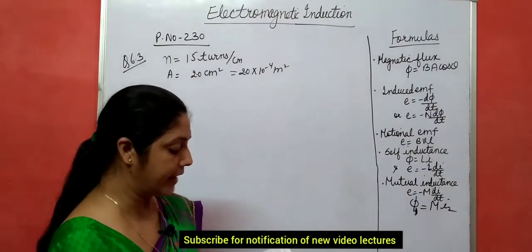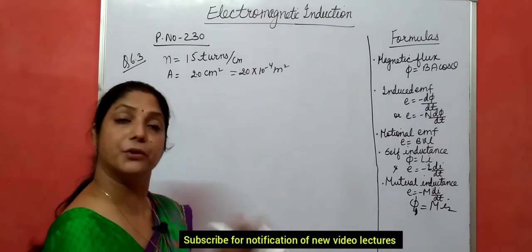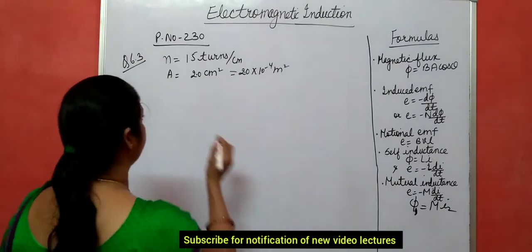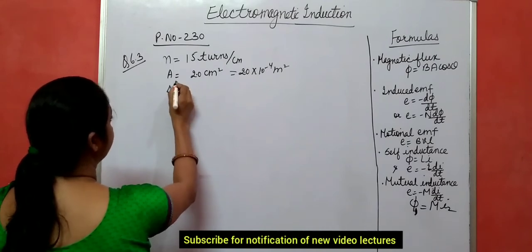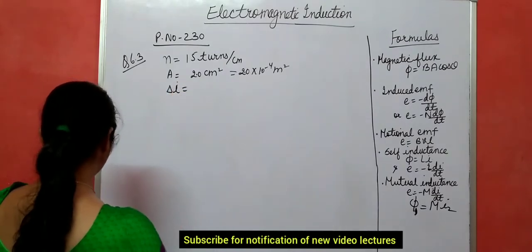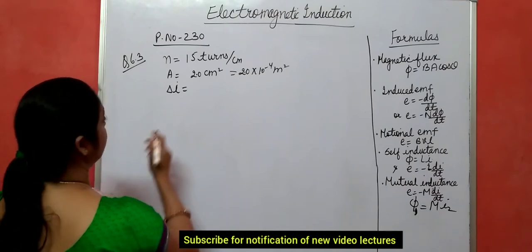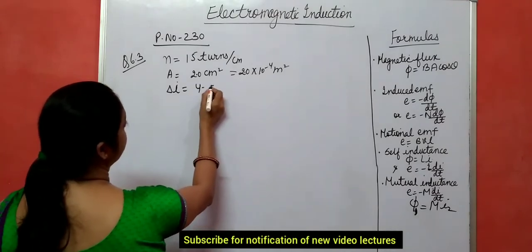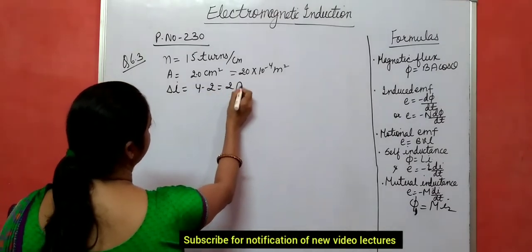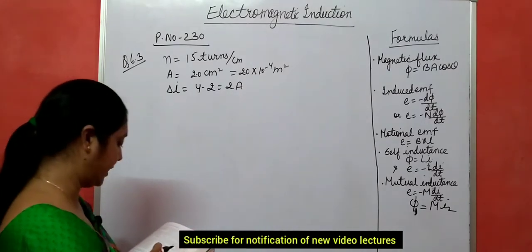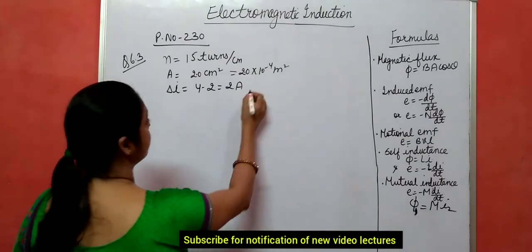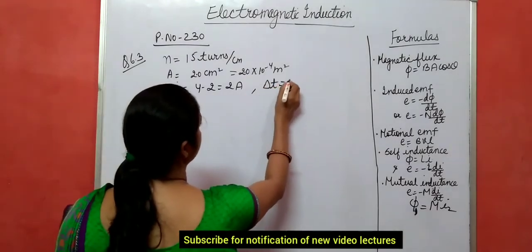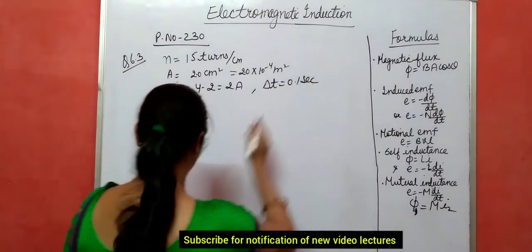The current carried by the solenoid changes from 2 ampere to 4 ampere in 0.1 second. It means delta I is given. The current changes from 2 to 4 ampere, so 4 ampere minus 2 ampere becomes 2 ampere. The change in current is given, and also the time interval delta t is given, 0.1 second.